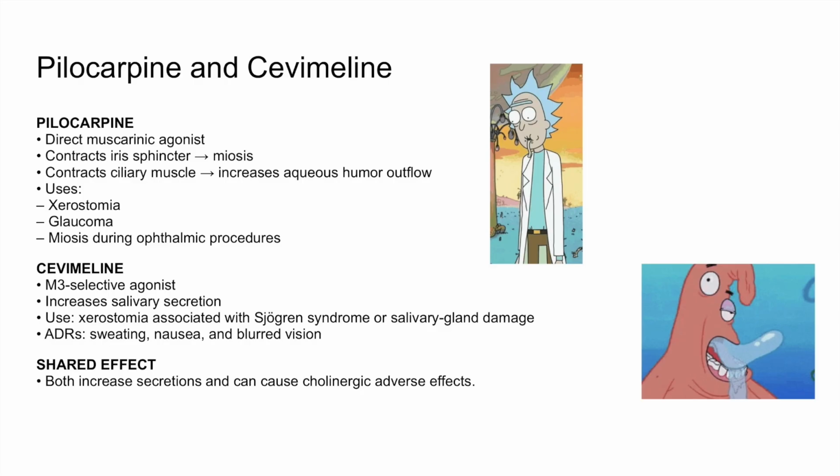Whereas cevimeline, okay, I have this disgusting Patrick Star picture because it has a ton of spit in it, and that's what I want you to think about when you see cevimeline. I just see cevimeline, I go cevimeline spit, and so that will help you remember that it's an M3 selective agonist. Okay, so the big thing with that one is it just increases salivary secretion, which again pilocarpine does as well, but it also has that eye effect.